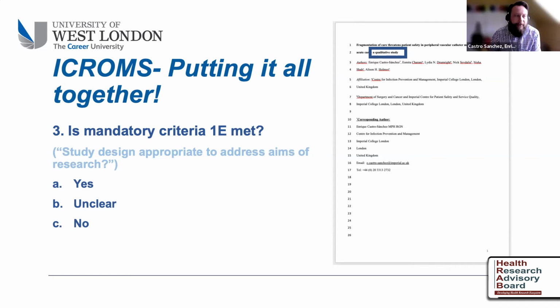Fantastic. And in the paper, do the authors make the case for a qualitative design? Like, do they argue that they are using the right approach? Because I agree with you that qualitative designs are optimal to explore behaviors.